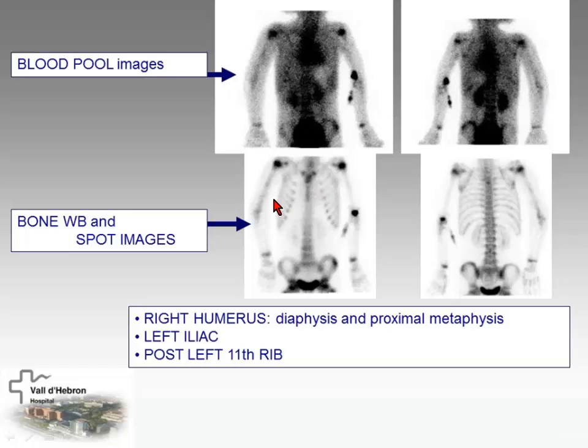And on the bone images, there is an increased activity on all this humerus, and also on the iliac bone, and also on a rib, I think it's here, with blood pool positive. The positivity of the blood pool indicates that there are recent fractures.